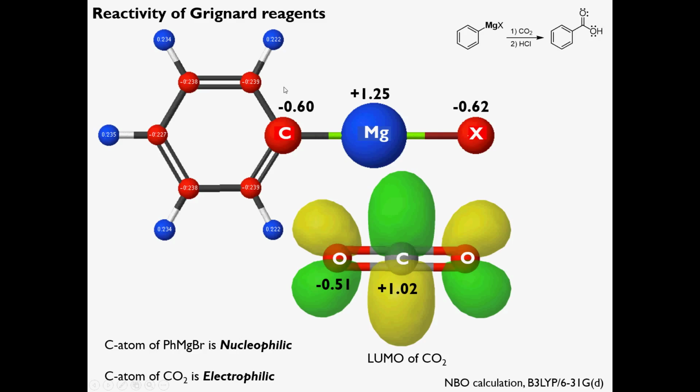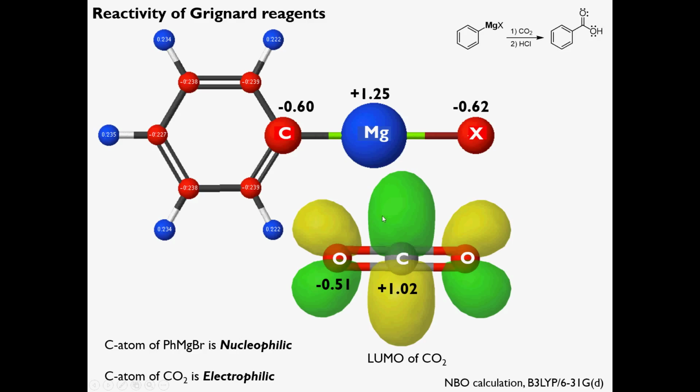And of course, an interaction between a HOMO and a LUMO is what drives bond formation. And we can see that for carbon dioxide, the largest lobe of the LUMO is placed on carbon. So everything is consistent here. Our nucleophile brings its highest occupied molecular orbital and transfers electron density into the lowest unoccupied molecular orbital of the electrophile.